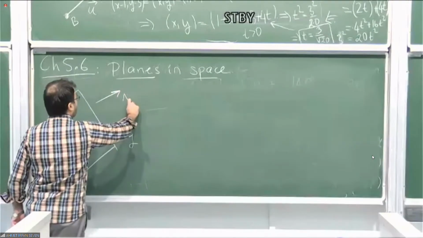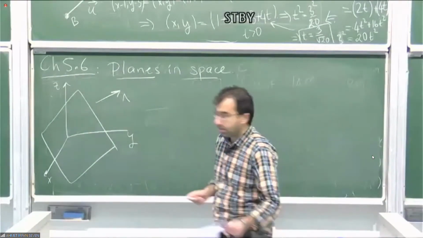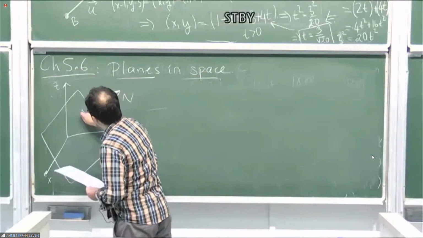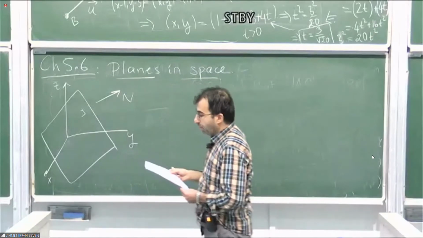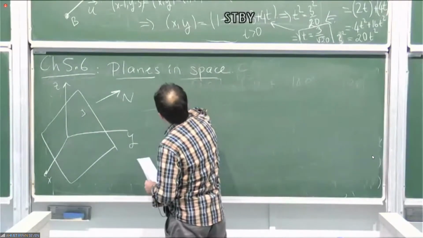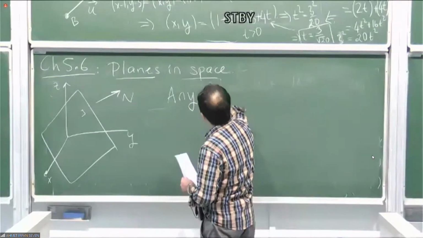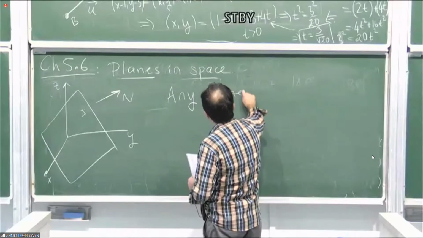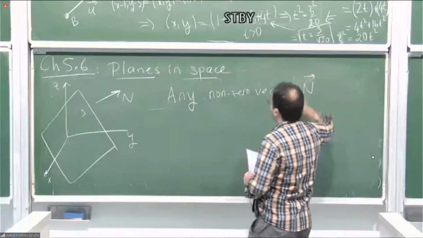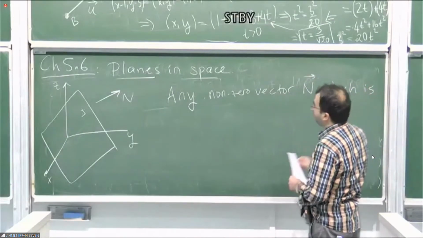A normal vector, which we denote generally by n, is any non-zero vector n which is perpendicular to the plane.